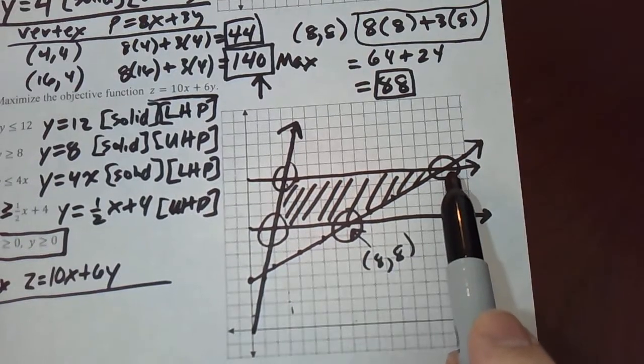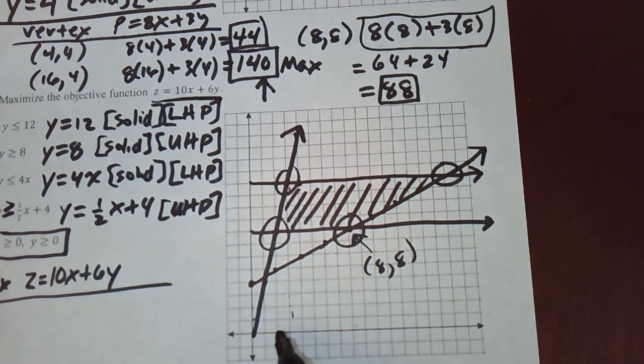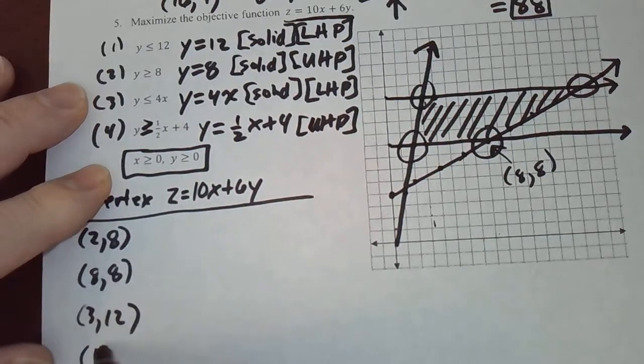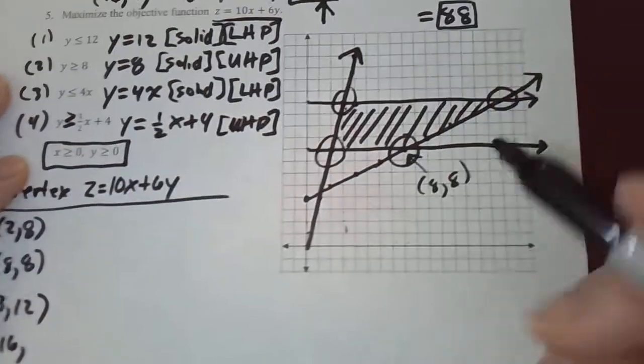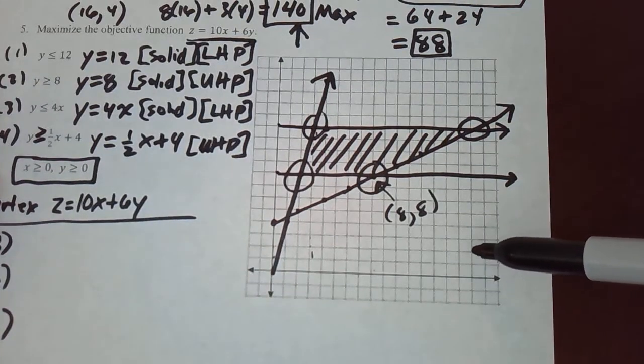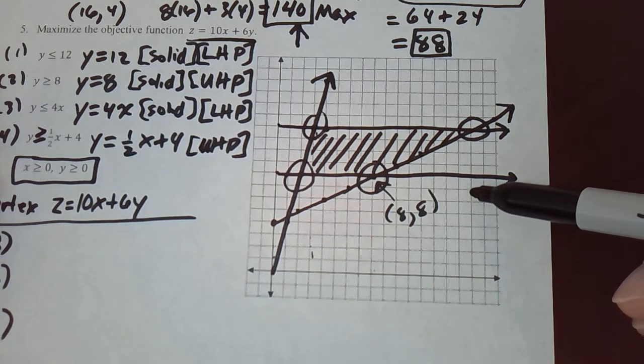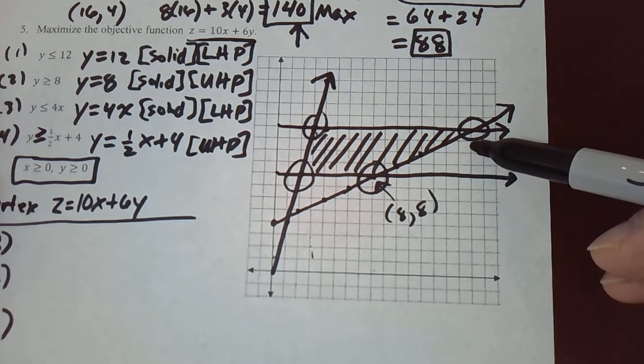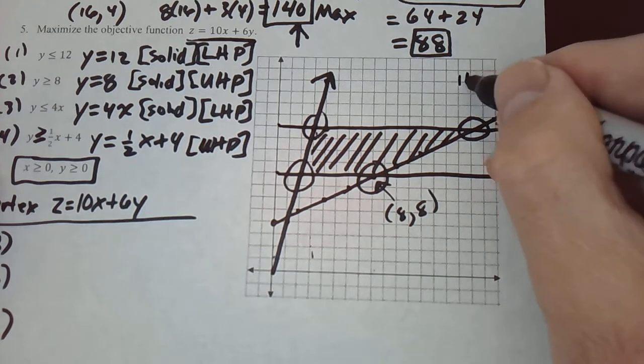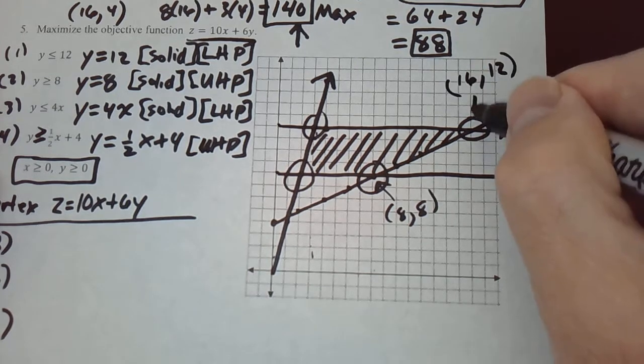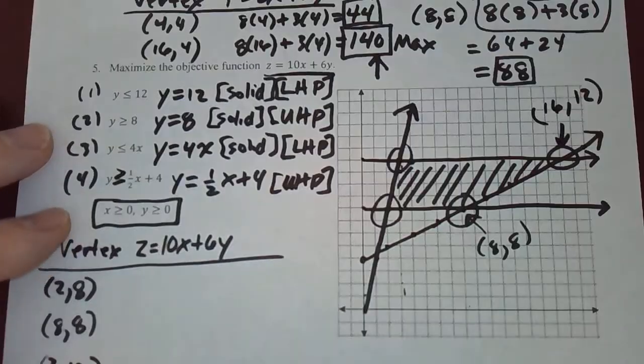And the last remaining one is this point over here, which would be 16 across. Let me write that down. 16, comma, the height is 12. So just as a reminder, that point is 16, 12.